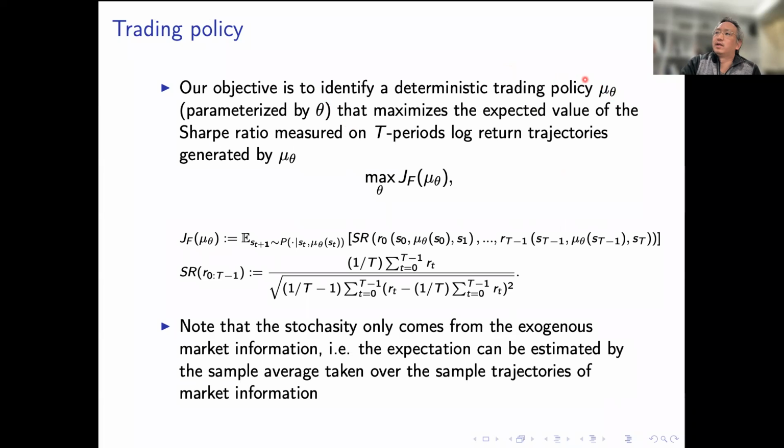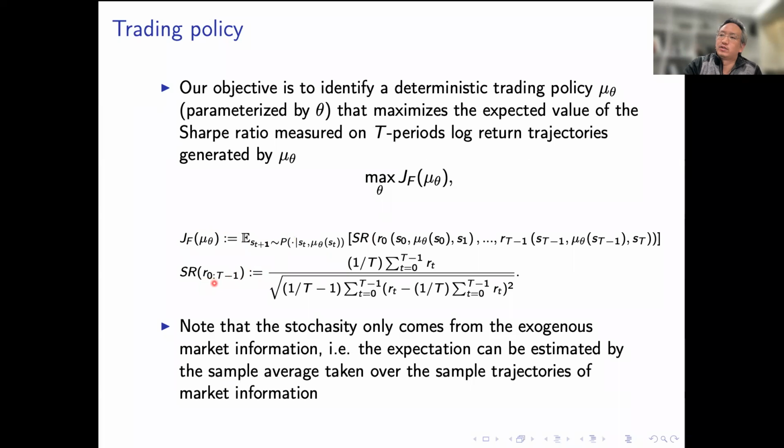So this is our policy, and then we want to find a theta parameter that will maximize this objective function. For this objective function, we are considering a relatively special criterion. It is the Sharpe ratio, but it's a simple trajectory-based Sharpe ratio. What that means is that the objective function is the expected value taken over many different trajectories across time.